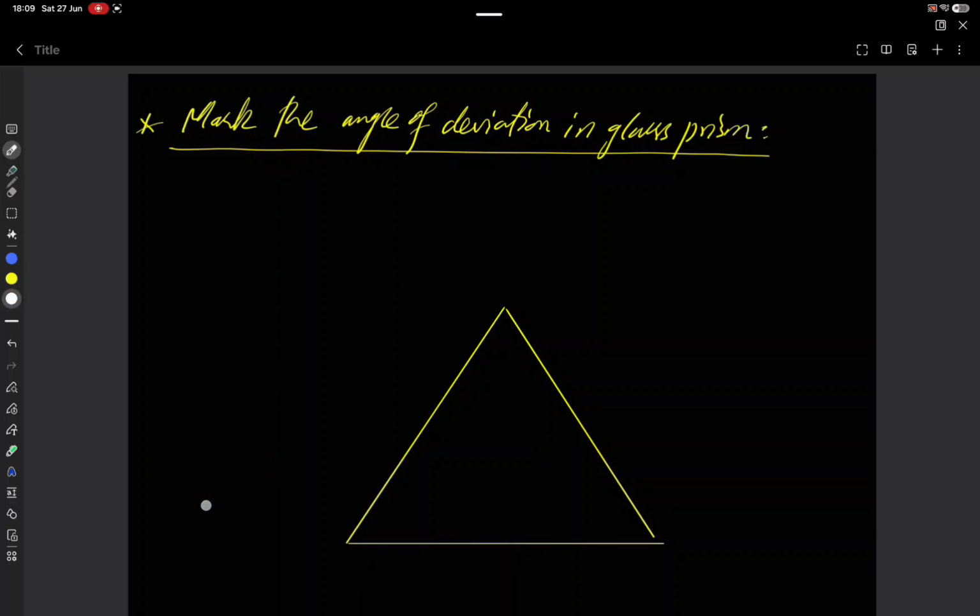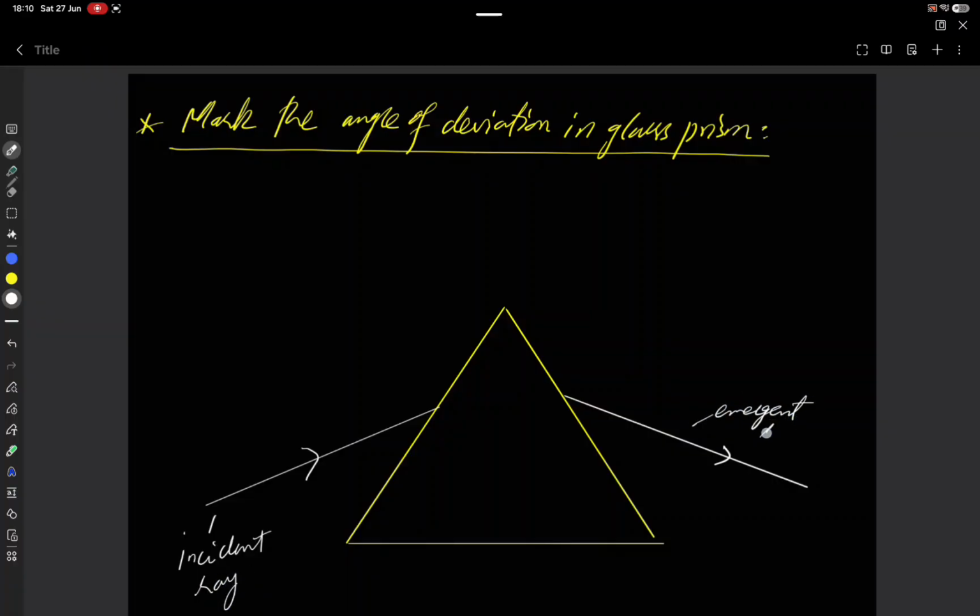This is my incident ray, this is my emergent ray. Incident, emergent, refracted ray.